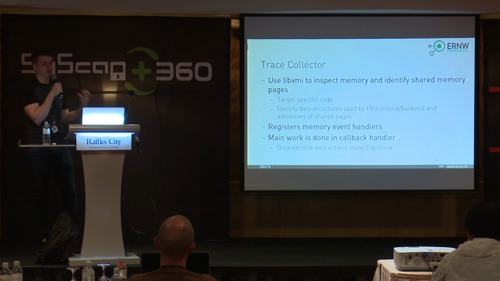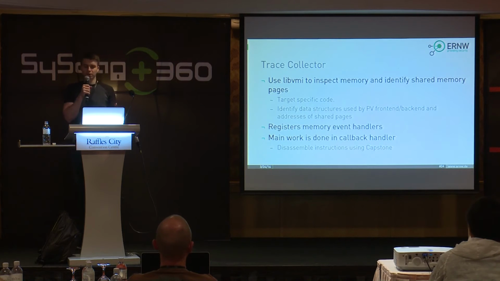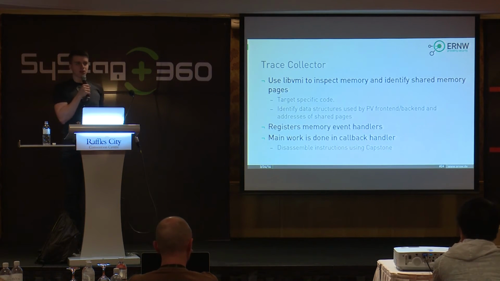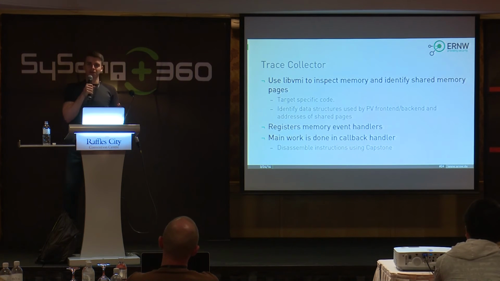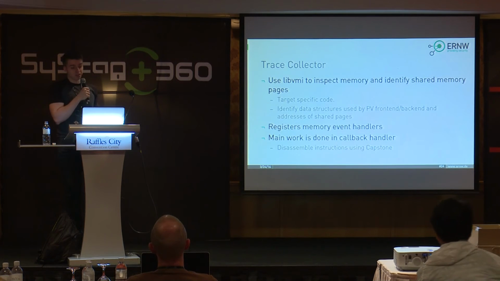You have to write that for Hyper-V, Xen and KVM because they use different data structures and you have to parse them. Then we register memory event handlers, and every memory event gets a single callback. The callback handler does most of the work. It disassembles the instructions and stores all the details we want.